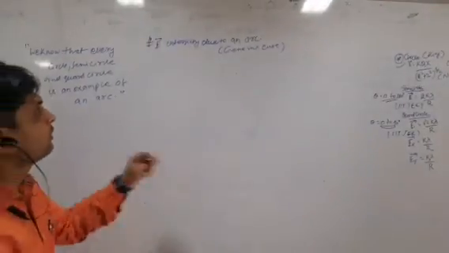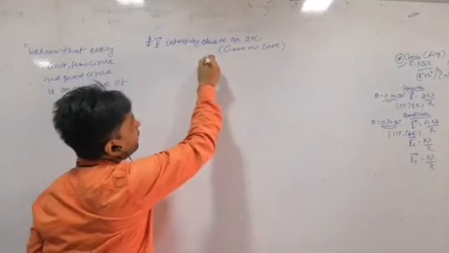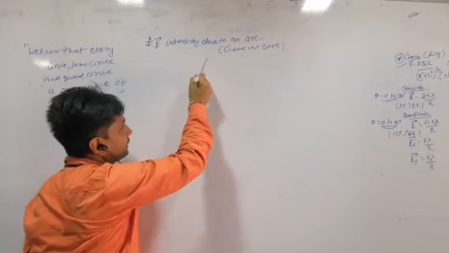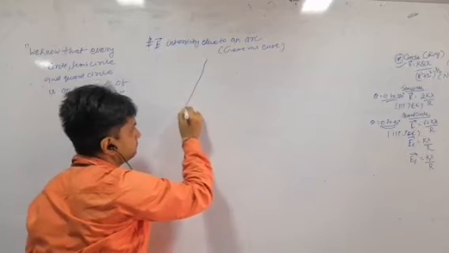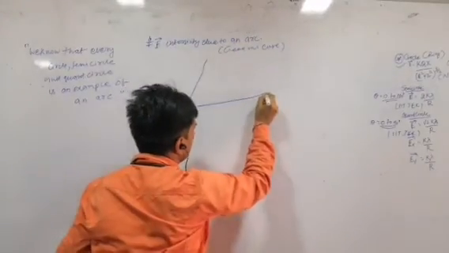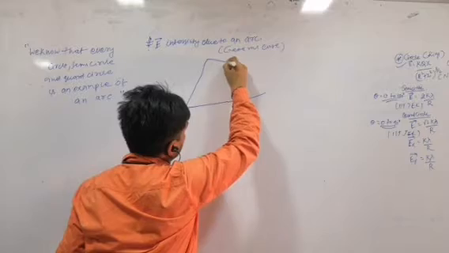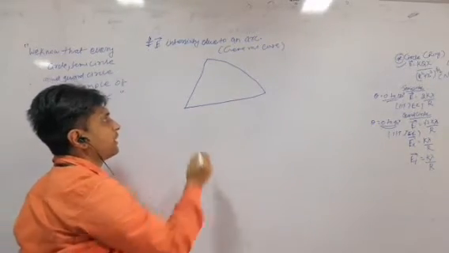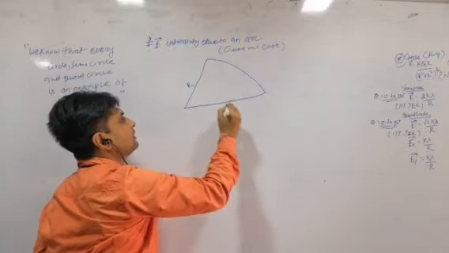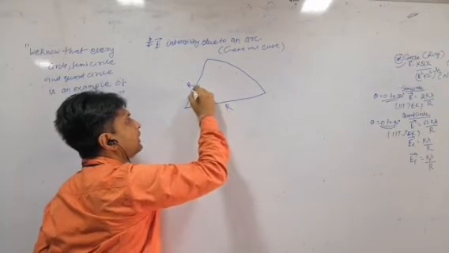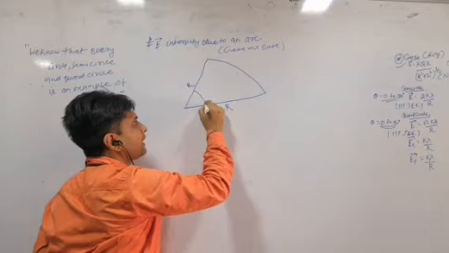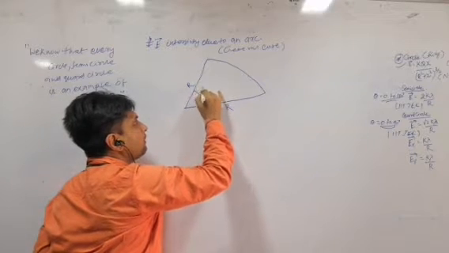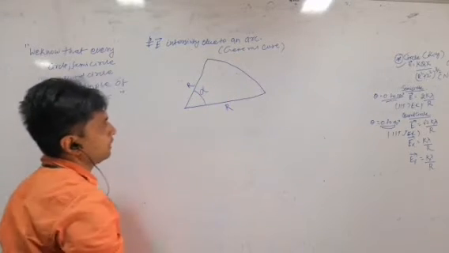So I am taking an arc. This is an arc, yes or no? This is having radius R, this is also R, and they differ by the angle called alpha.